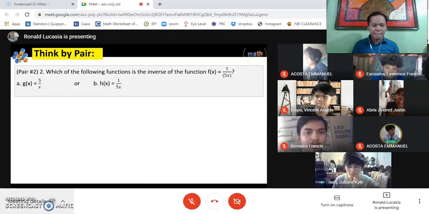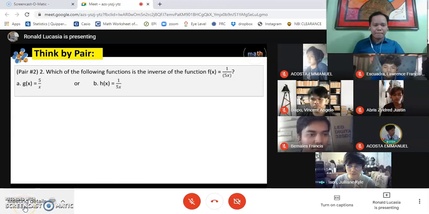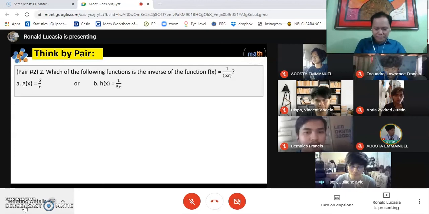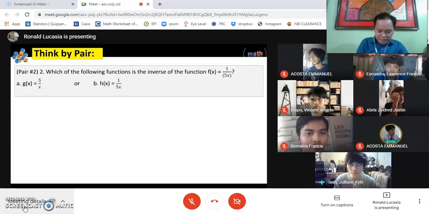The easiest way for us to find the inverse function of this original function is to simply substitute the choices, since there are only two choices given. After substituting the first option to the original function, the result will be 1 over x, which means that it's not the inverse function of the original function, and so you try the second option.